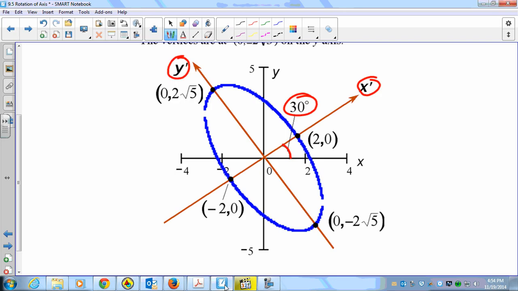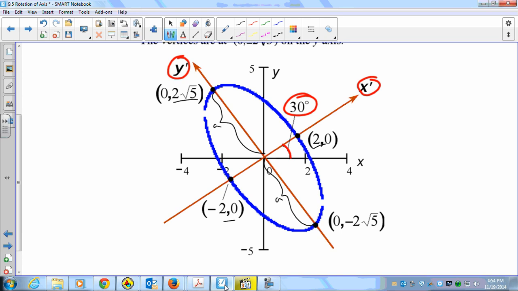And then from that I went up this distance here to be 2 square roots of 5, and I can go down here and have this distance here be negative 2 square roots of 5, and then my b value was 2, 2.